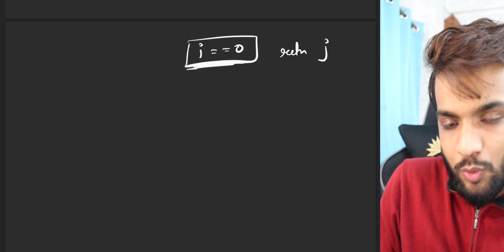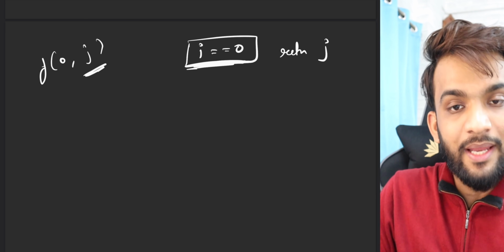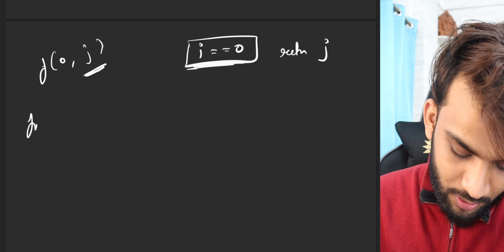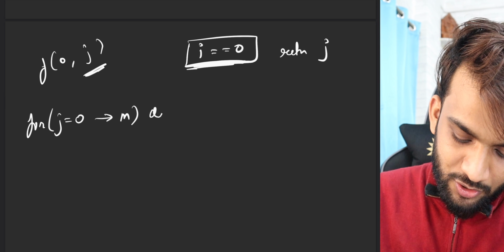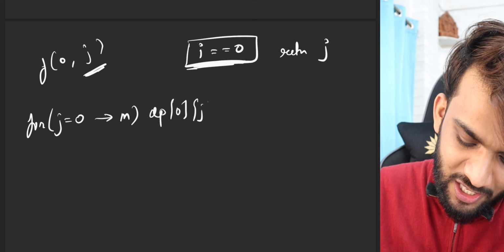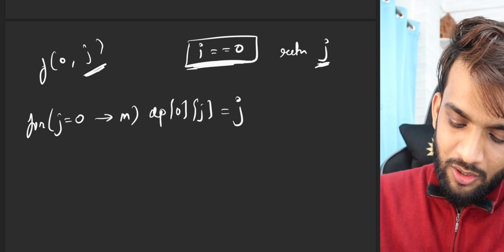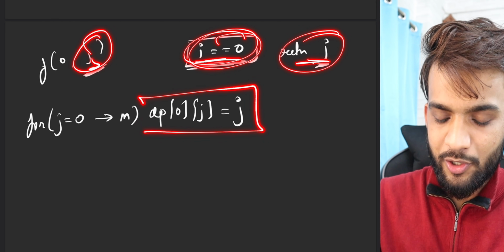So for any I equal to 0, that means f of 0 comma j can be anything. So j can be anything from 0 to m. So dp of 0 on any j, please put j. You see, on any I equal to 0, on any j, you're putting j. So just make sure you put it across.